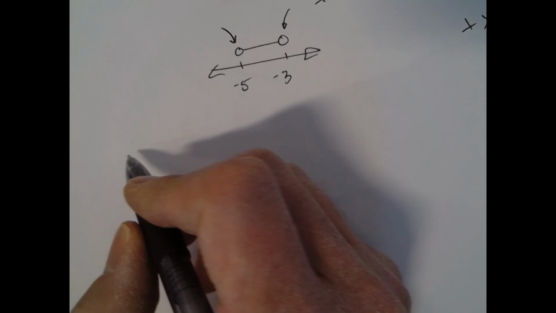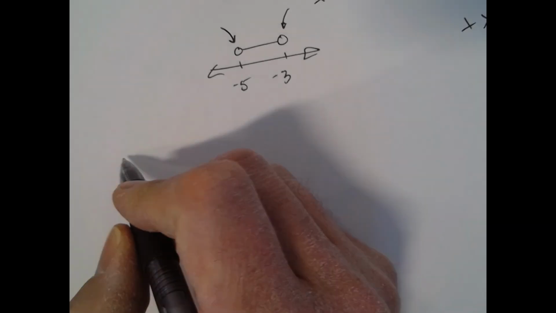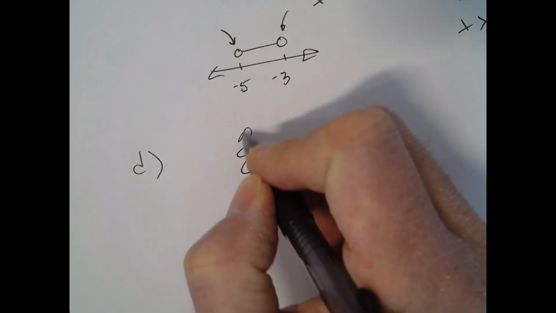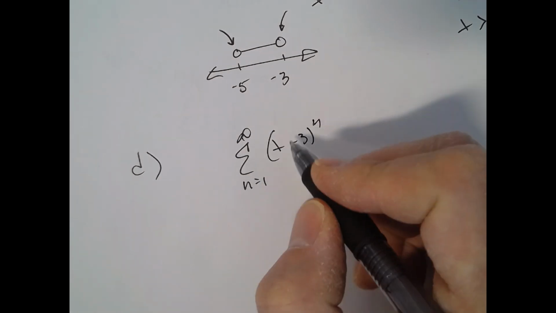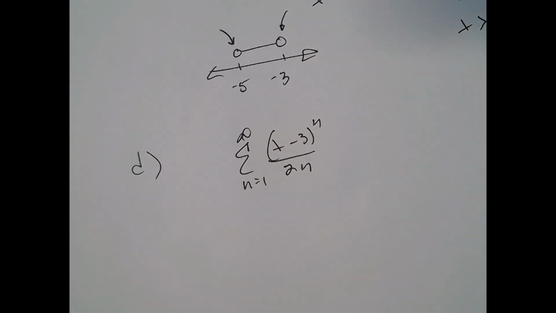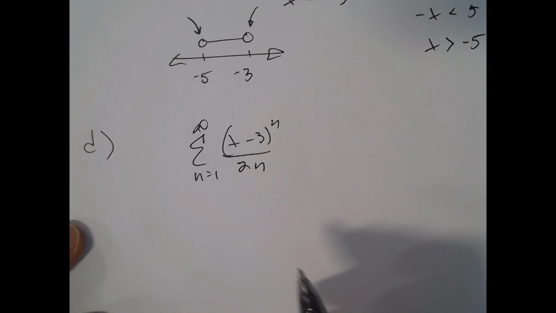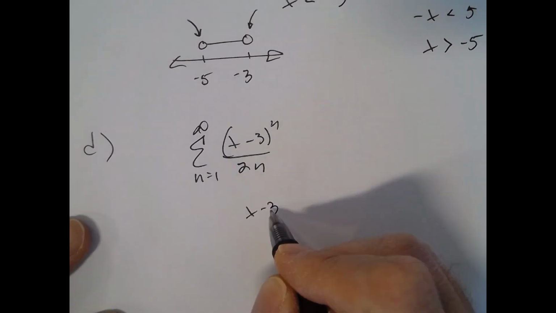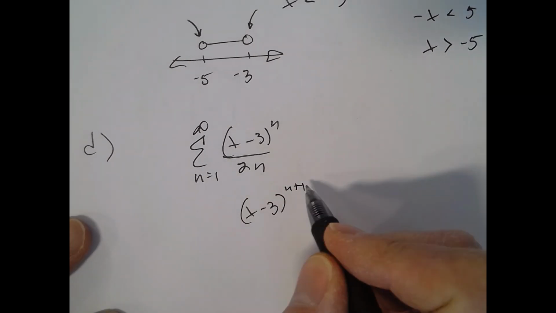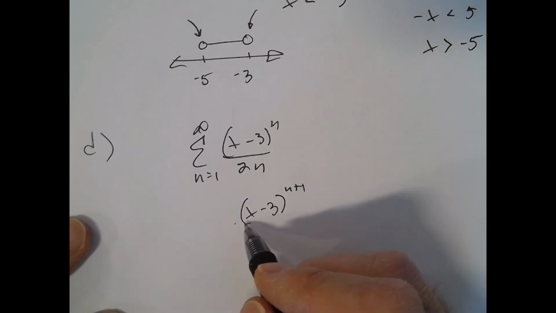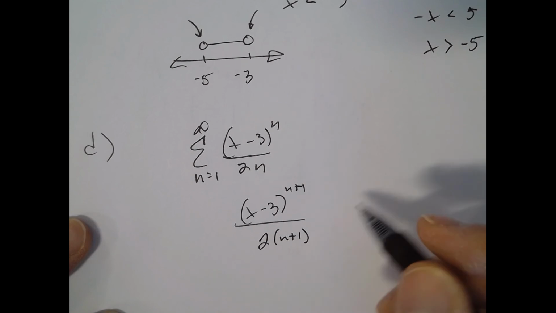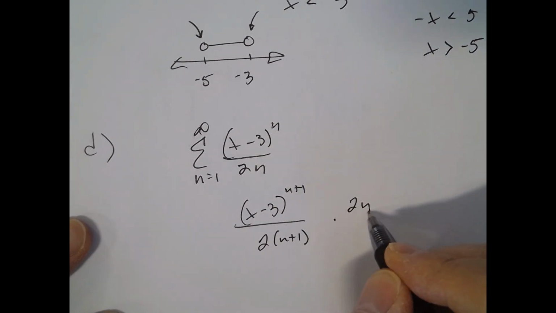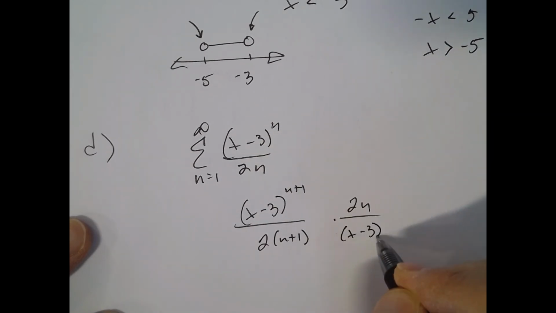Okay, so an example 6. I want to make sure I get to it. Okay, where does it converge? So we'll do the ratio test. So that's the x minus 3 to the n plus 1 over 2n plus 1 divided by that, so it's 2n over x minus 3 to the n.